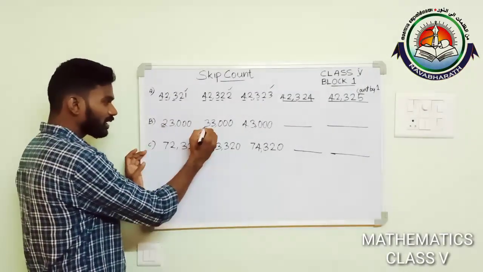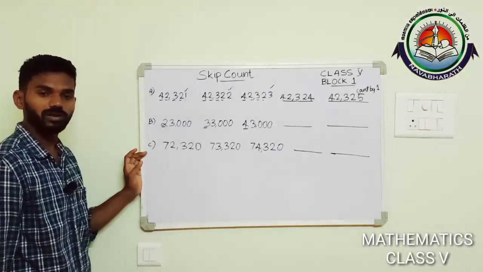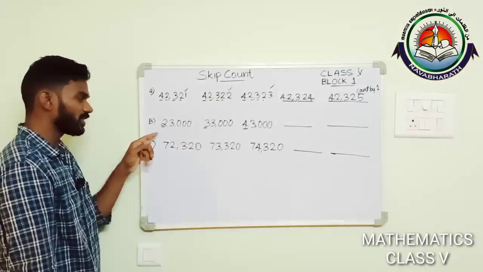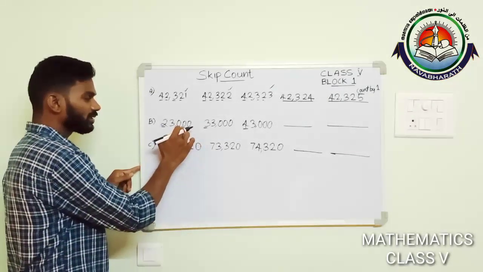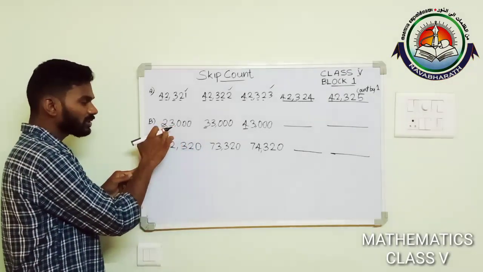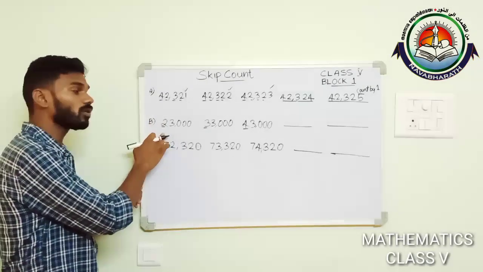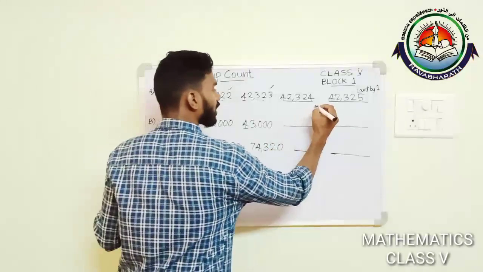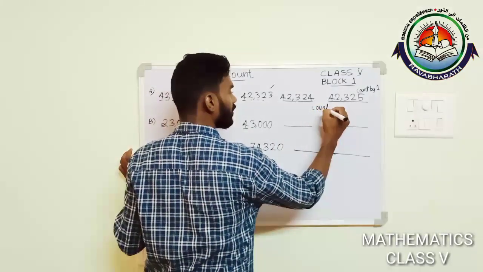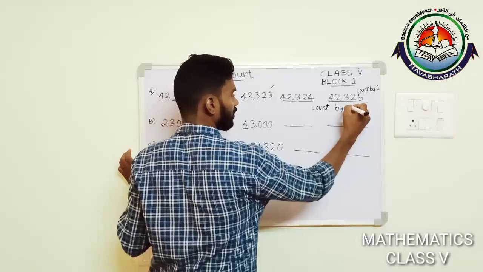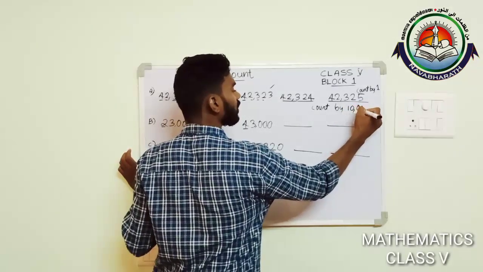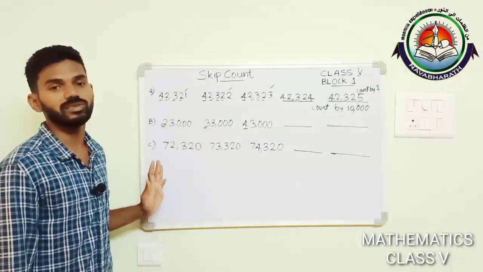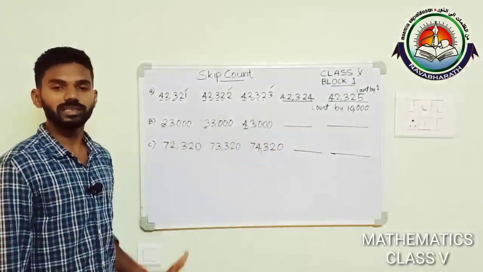This 2 becomes 3, then it becomes 4. Which is the place here? Ones, tens, hundreds, thousands, 10,000s. So which kind of skip count is it? It is count by 10,000 because the digit at the 10,000s place is changing. So it is count by 10,000.